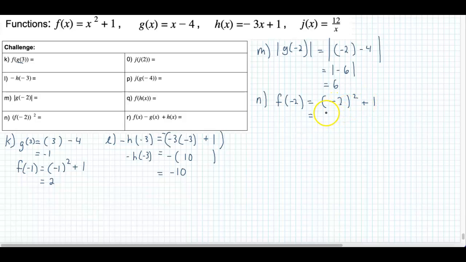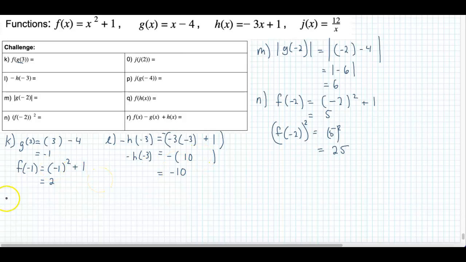We have 4 plus 1 is 5. So if that's f of negative 2, f of negative 2 squared will equal 5 squared, which is, I'm going to put a bracket around that, 25. So that's N.